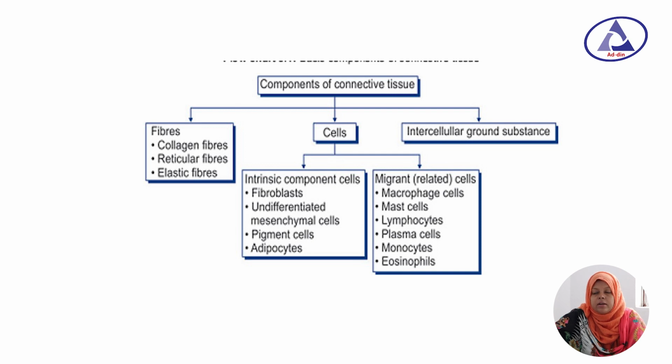The intrinsic cells are fibroblast, fibrocyte, undifferentiated mesenchyme, pigment cell, adipocyte. And the migrated or transient cells are called macrophage, mast cell, lymphocyte, plasma cell, monocyte, eosinophils and other WBC cells. And about the ground substance, that is very important, it is called intercellular ground substance or glycosaminoglycan.